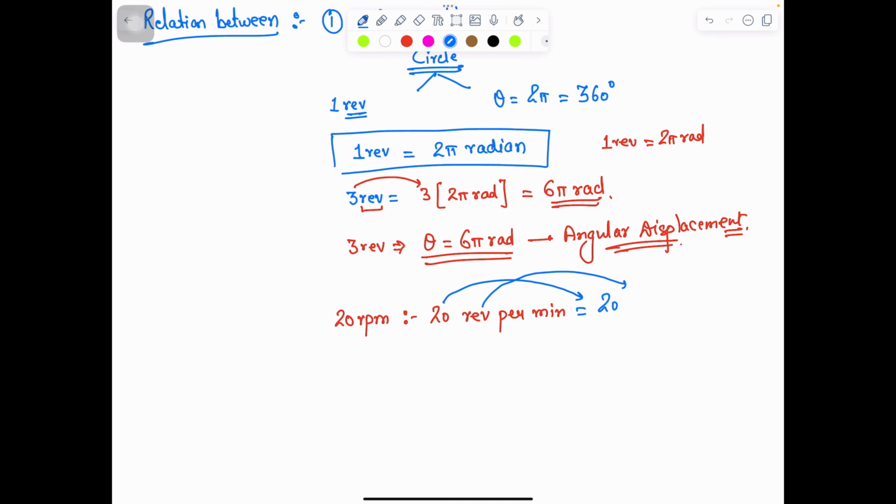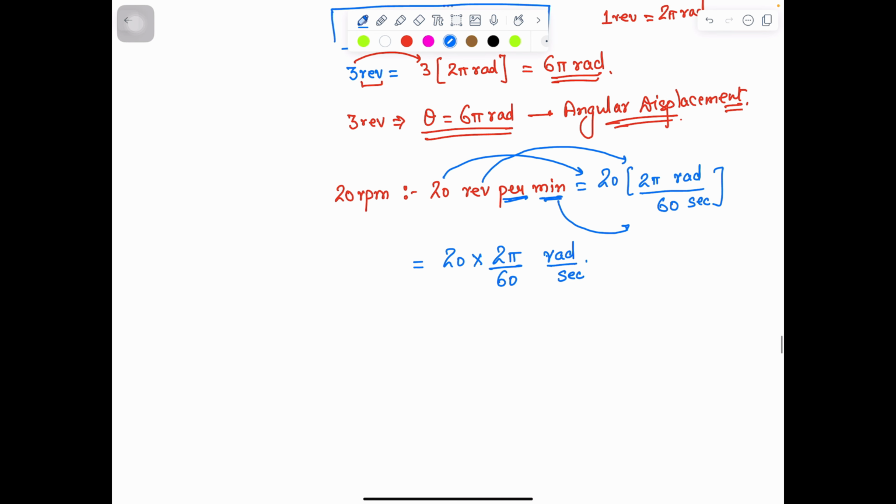Can I say 2 pi radian? Yes or no? Per means divide. What is here? Minute. Minute will be converted into 60 seconds. Yes or no? So what should be the answer? 20 multiplied by 2 pi divided by 60, and the unit should be radian per second.